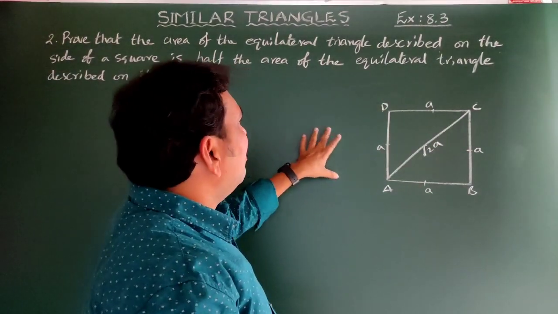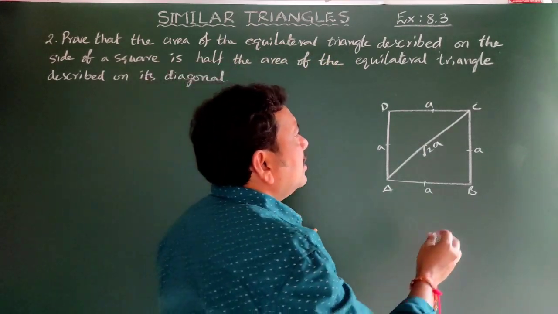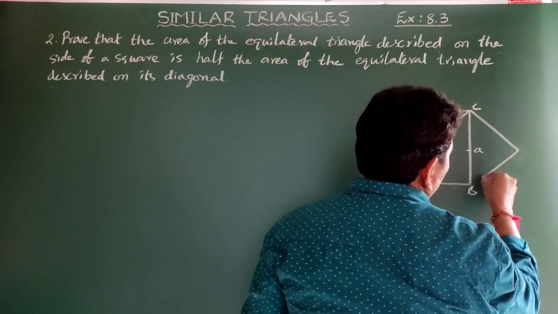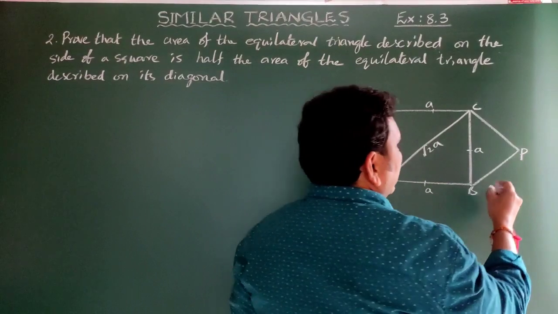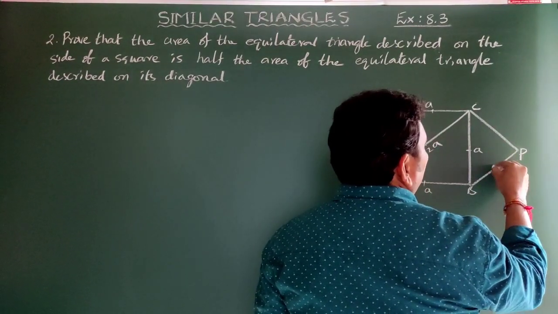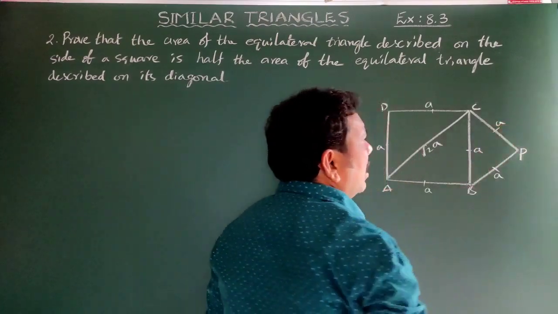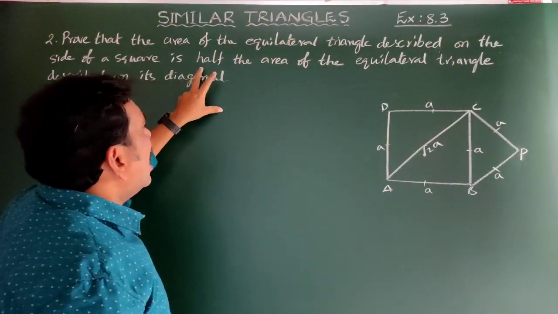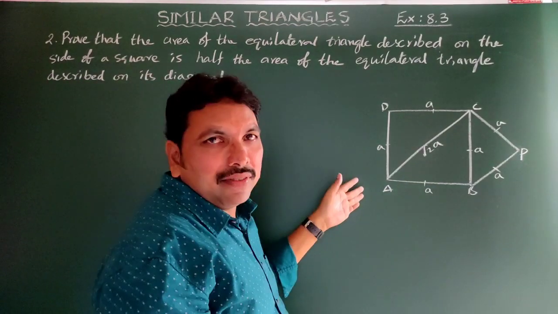Next, what has been given? The equilateral triangle described on its side. Take this one as P. All the sides are equal here, this one and this one. This is also a and this is also a. The equilateral triangle described on its side is equal to half of the area of the equilateral triangle described on its diagonal.